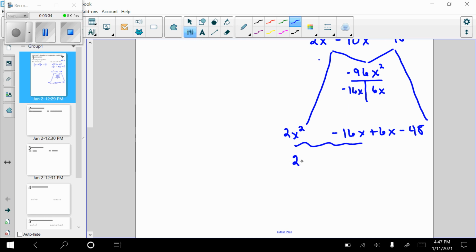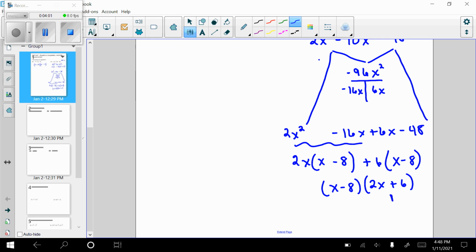So here I can pull out a 2x, and I get x minus 8. Here I can pull out a 6, and I get x minus 8. So I get x minus 8 times 2x plus 6.